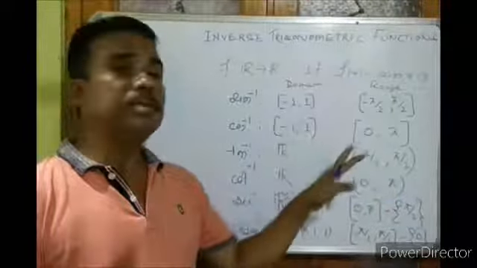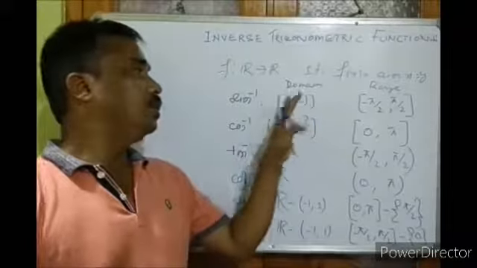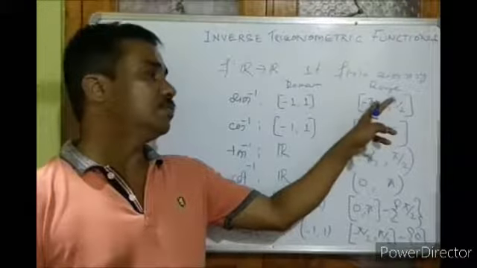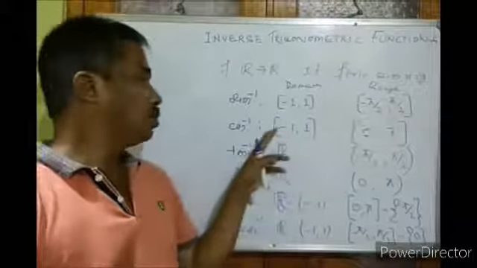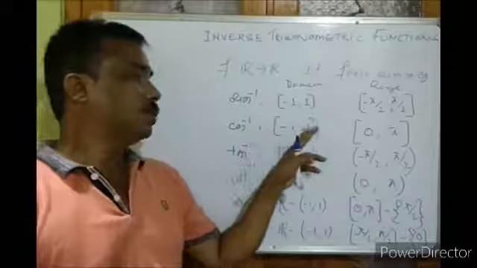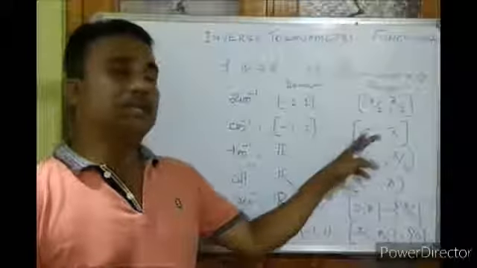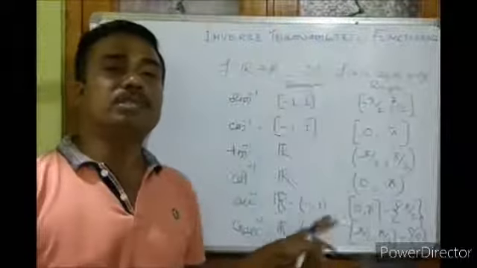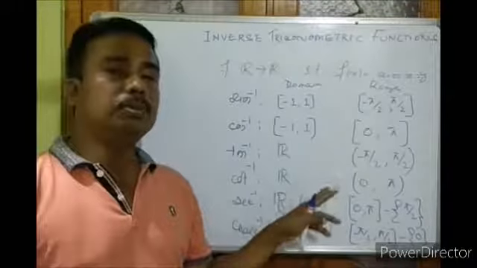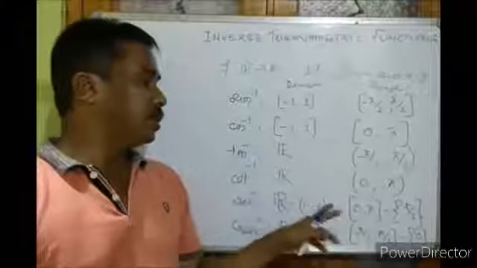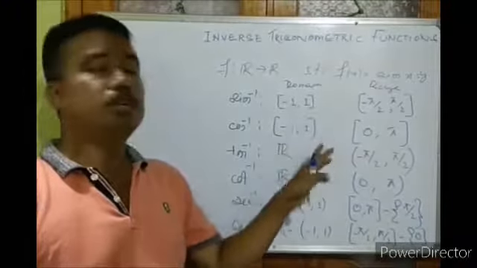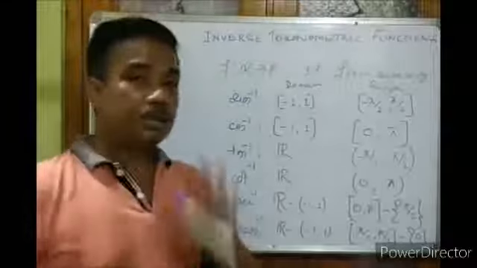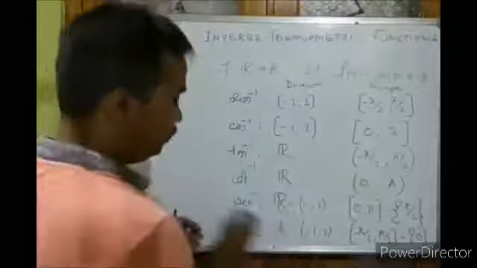When we work out the examples, we have to consider the domain of the sine inverse function as minus 1 to plus 1, and range as minus pi by 2 to plus pi by 2. For cos inverse, it is minus 1 to plus 1, and range is 0 to pi. The same way for the other inverse trigonometric functions. These are very important. Let us work out some 2-3 examples.